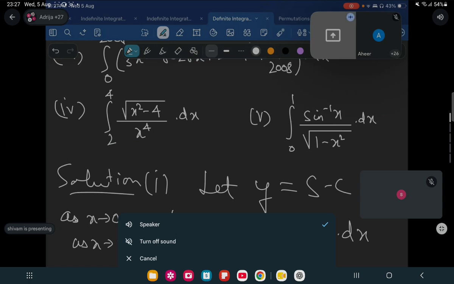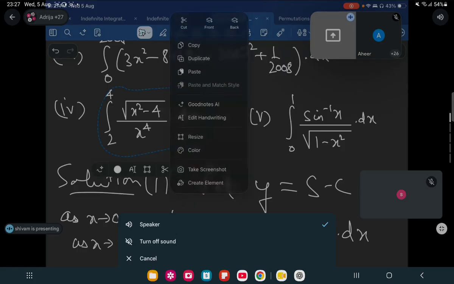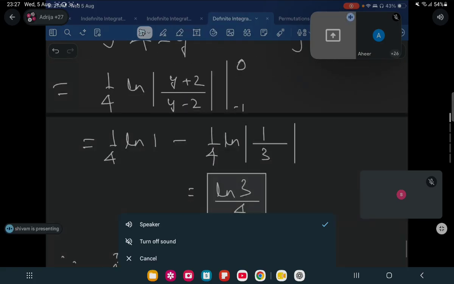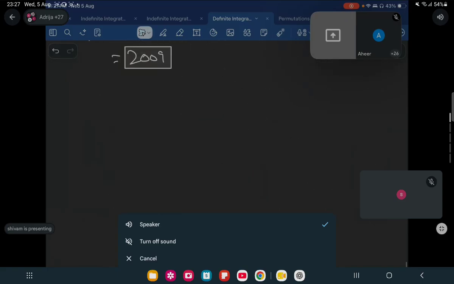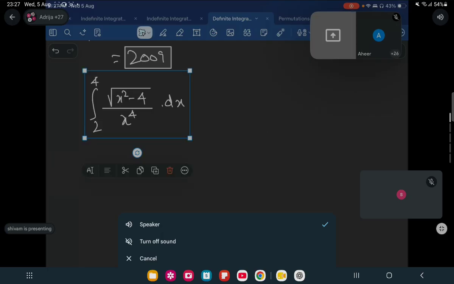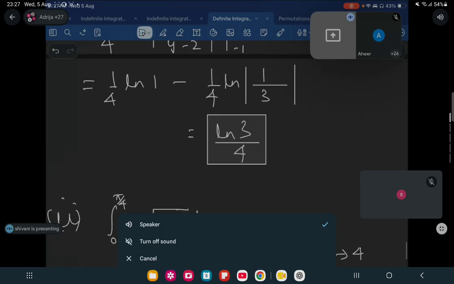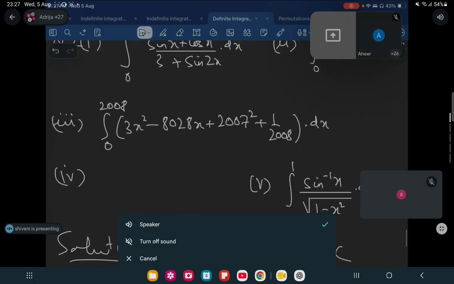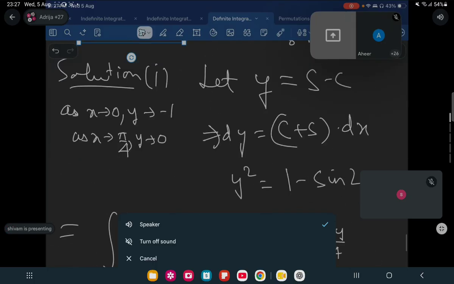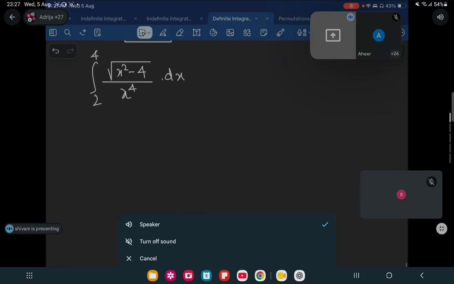Yes, sir. Okay, part 4 I'm solving. It is root over x square minus 4 upon x to the power 4 dx. We have to substitute from 2 to 4. Okay, let us start. So over here, let us first of all divide by x to the power 4.